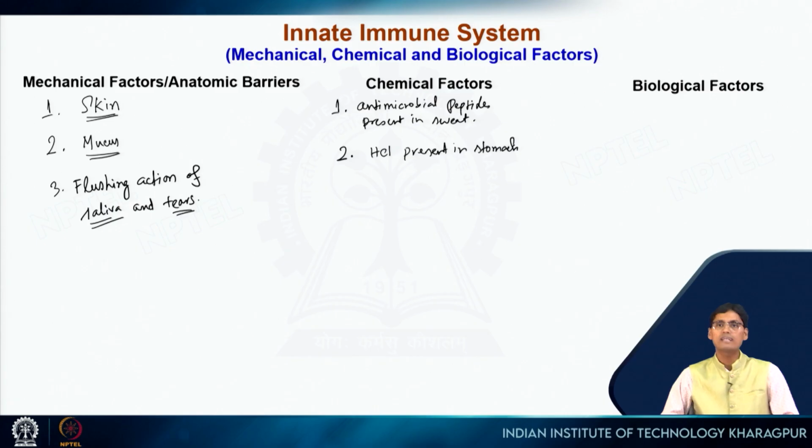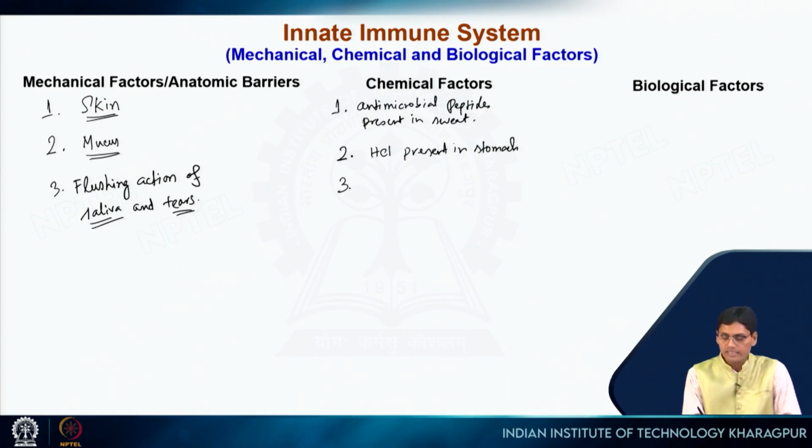As a result of such acidic conditions, almost all microbes will die there. Some bacteria can sometimes survive. For example, you might know Helicobacter pylori, which can survive at very acidic pH.